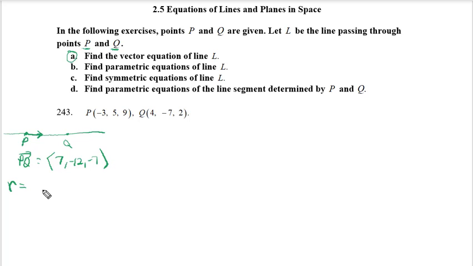Our starting point is going to be the vector that goes to point P, which is negative 3, 5, and 9, plus any multiple of the direction vector, which is the PQ we just found.